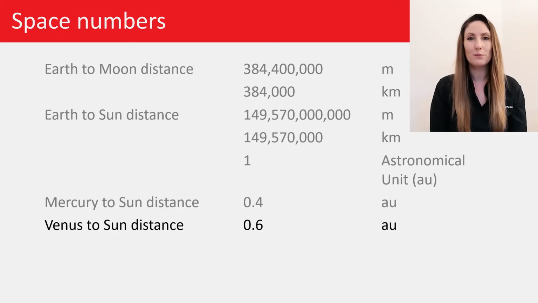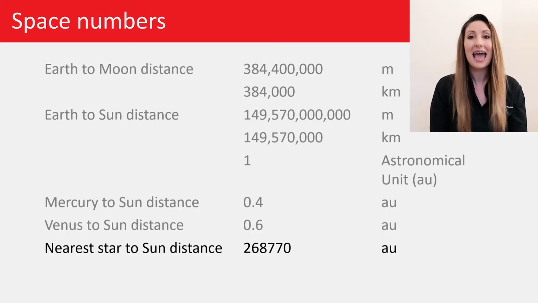But even if we're talking about distances to the stars, AU numbers are big. The nearest star to the Sun is Proxima Centauri, which is still 268,770 AU away. This is when we start to make use of light, something that's very useful to astronomers.